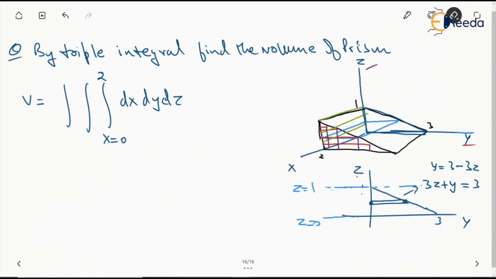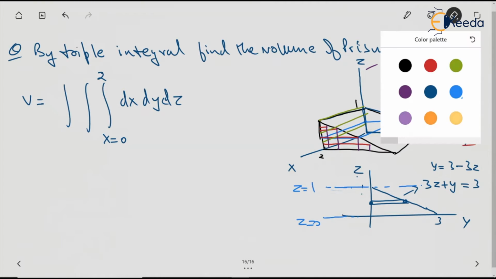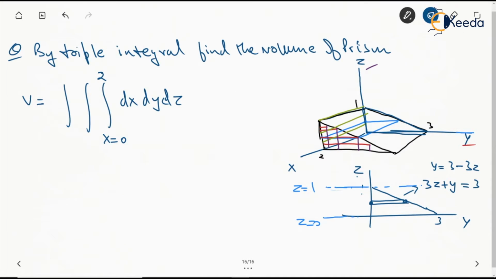So we can apply the limits for y as starting from 0, this point, and ends at this point. So from here we can write 3 minus 3z, and z starts from 0 to 1, right? Now we can start integrating.